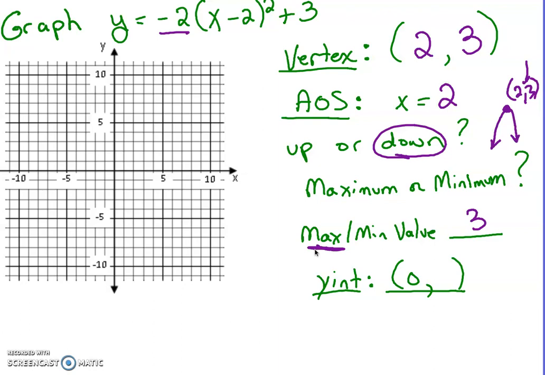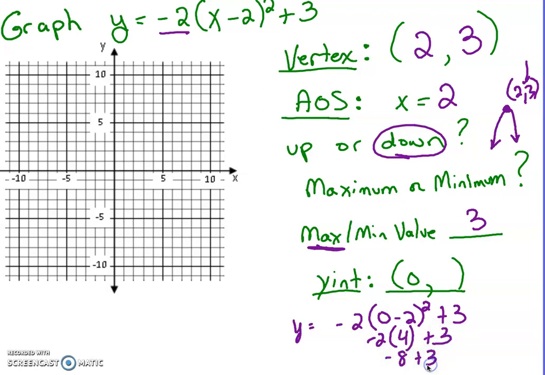And of course, the y-intercept can be found if we plug in 0 for the x. So here's the equation, and we're going to plug in 0 for the x. 0 minus 2 is negative 2. Negative 2 squared is 4. And then negative 2 times 4 is negative 8. Negative 8 plus 3 is negative 5.